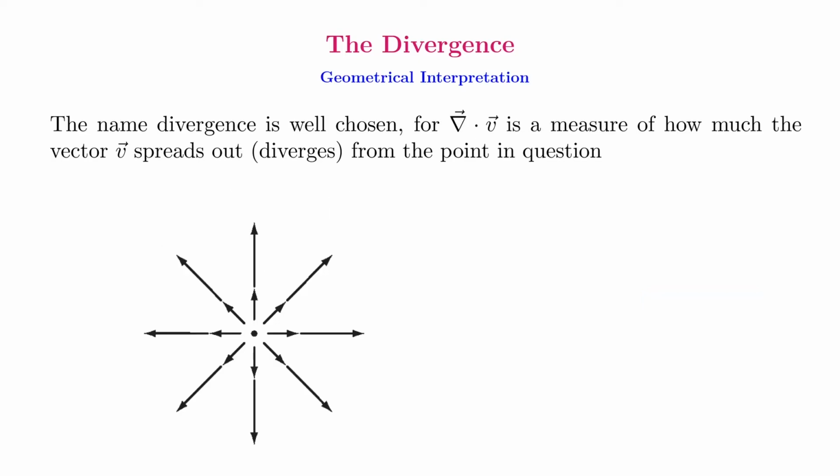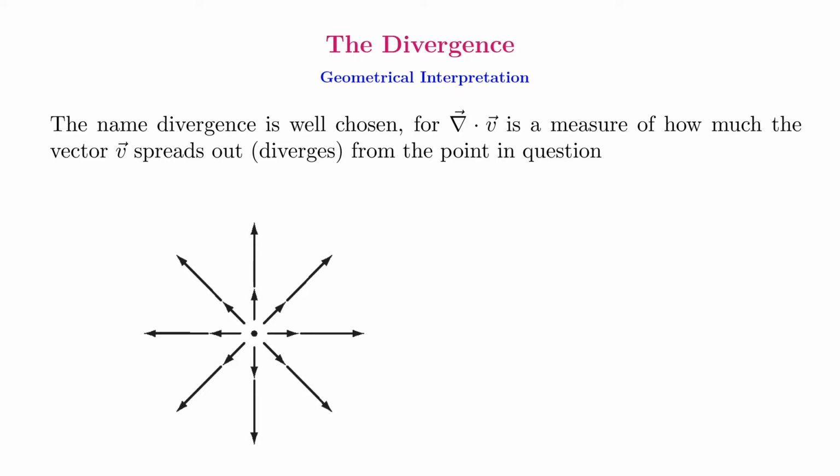We will now discuss the geometrical interpretation of the divergence. The name divergence is well chosen, for del dot v is a measure of how much the vector v spreads out or diverges from the point in question. Now, the divergence of a vector function is visually represented either by arrows or field lines that point in space.